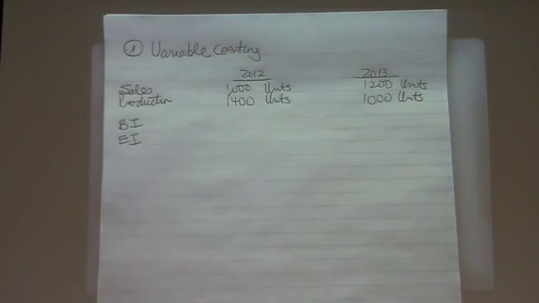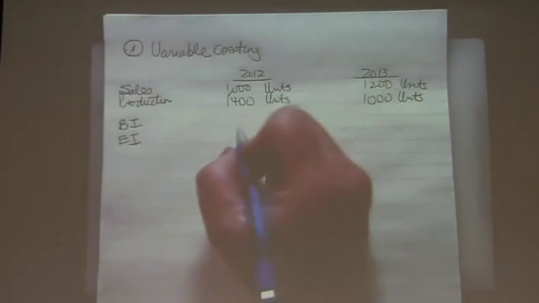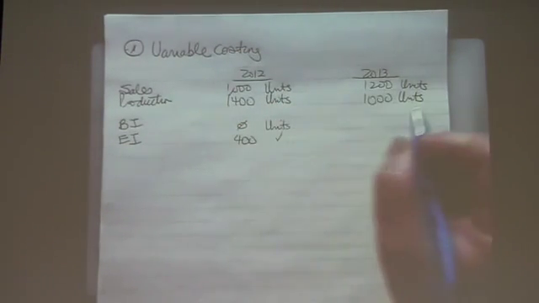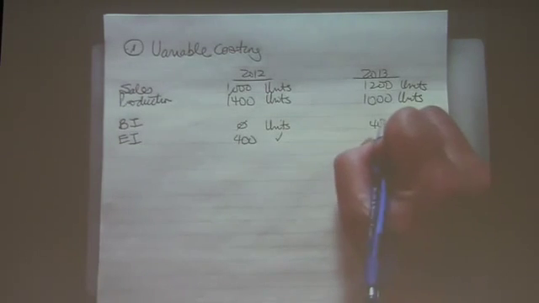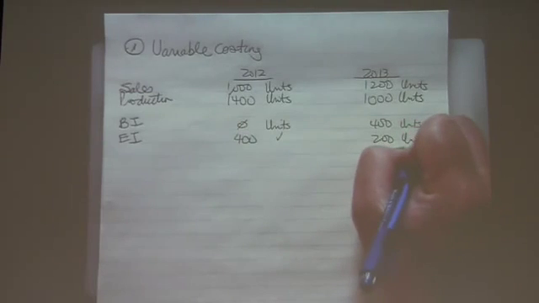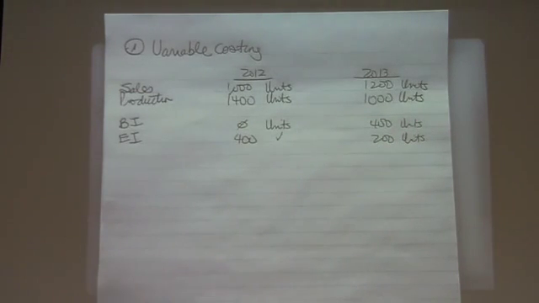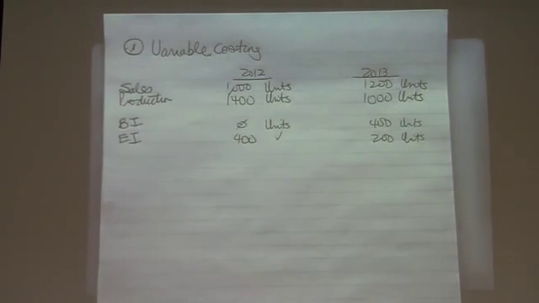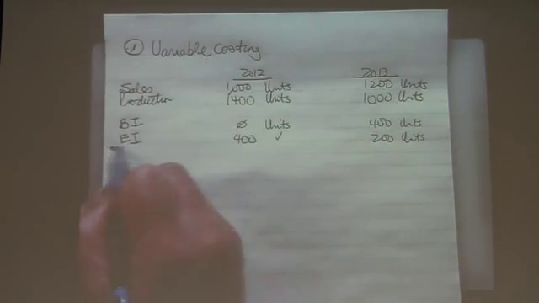And I already did that, right? Beginning inventory is 0, 400 units, and this one is 400 units and 200 units. This is kind of like a little short analysis.